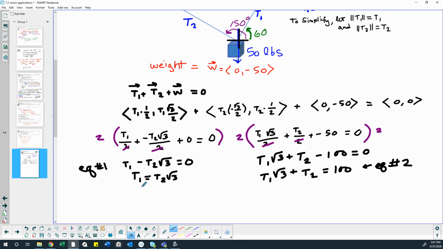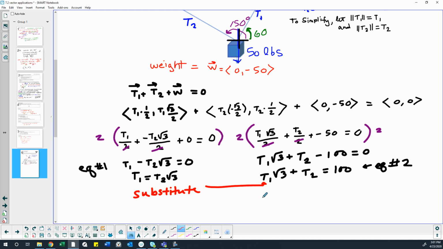And then we can take this and substitute it into here, right? So substitute it right there.